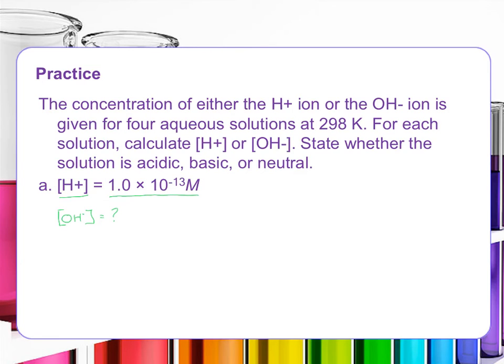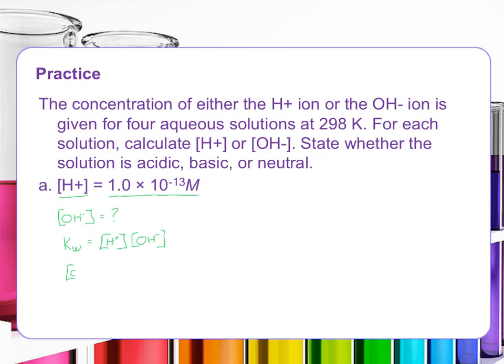Well, we know that H plus and OH minus are linked by the Kw equation. So Kw is equal to H plus multiplied by OH minus. Kw is a fact. Kw is always going to be the same number. So what we're going to do is rearrange this equation and then substitute.